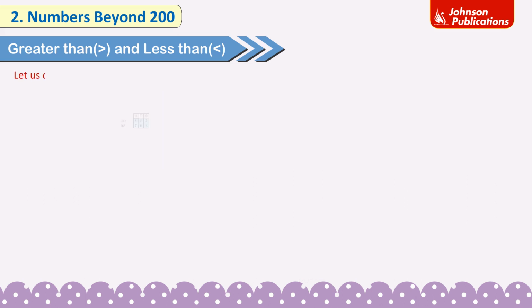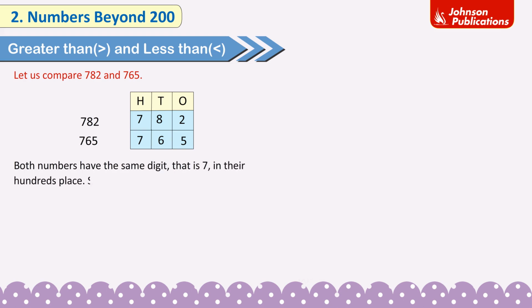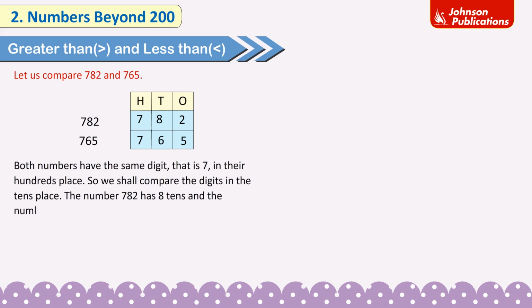Let us compare 782 and 765. Both the numbers have the same digit, that is 7, in their hundreds place. So we shall compare the digits in the tens place. The number 782 has 8 tens and the number 765 has 6 tens. 8 is greater than 6.